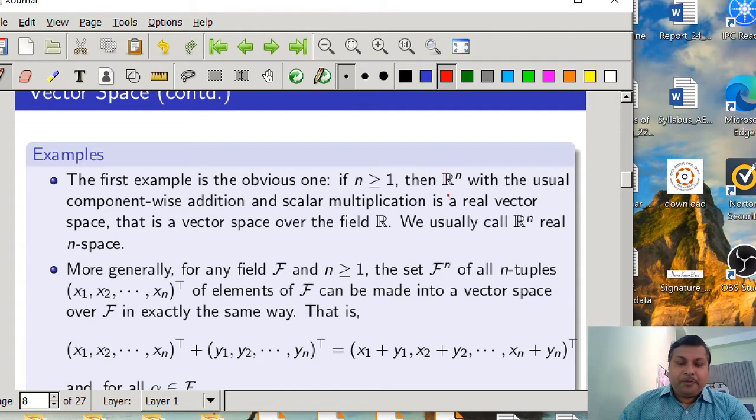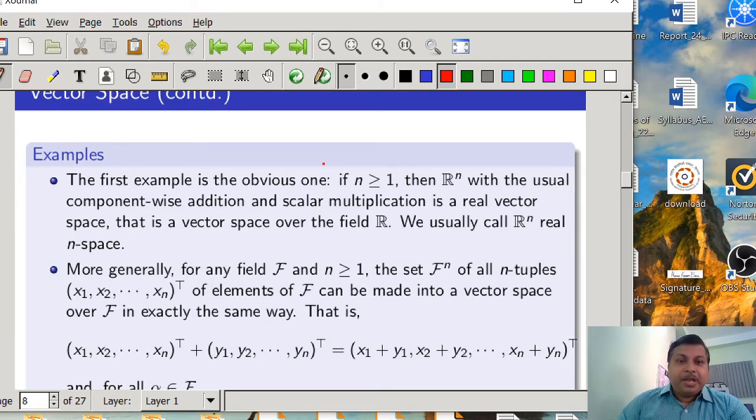We will take the elements from the real field R, and we can construct a vector of dimension n with real components chosen from the field. Then we will have a real vector space Rn, that is a vector space over the field R.